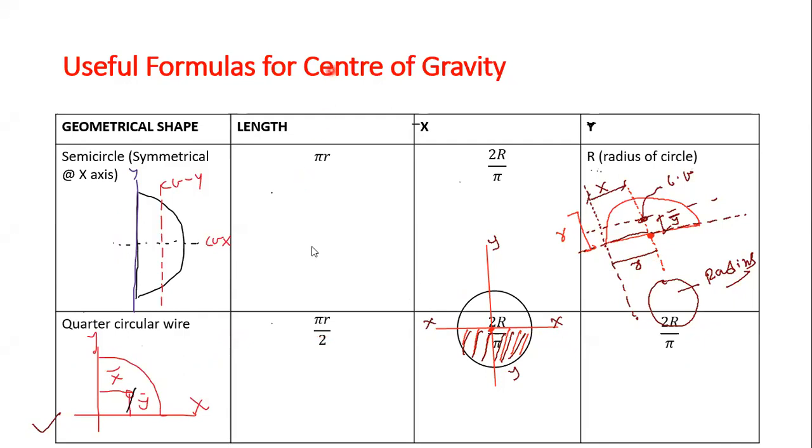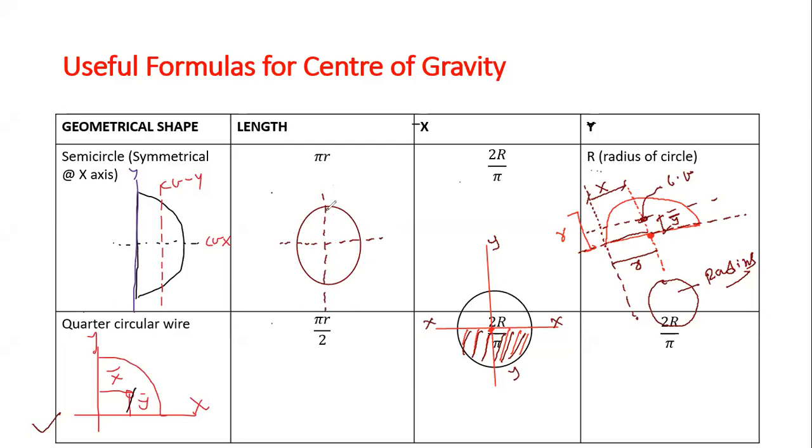Now if your semicircle is symmetrical to the x-axis, can I say that this semicircle is symmetrical to the x-axis? Yes or no? Just think in reverse. Say this is the center of the circle.